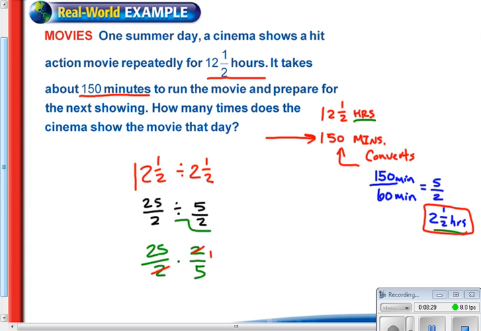Our 2's now become 1's. 5 and 25, well, 5 can go into 5 one time, and 5 can go into 25 5 times. Do your multiplication, and we wind up with 5 over 1, which equals 5 shows. So they can fit 5 shows in that allotted time.